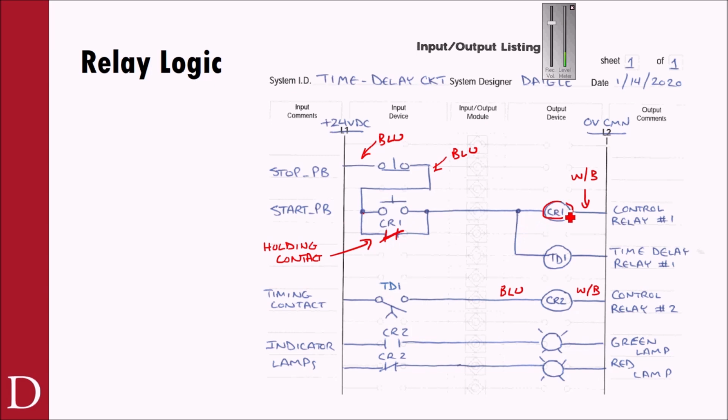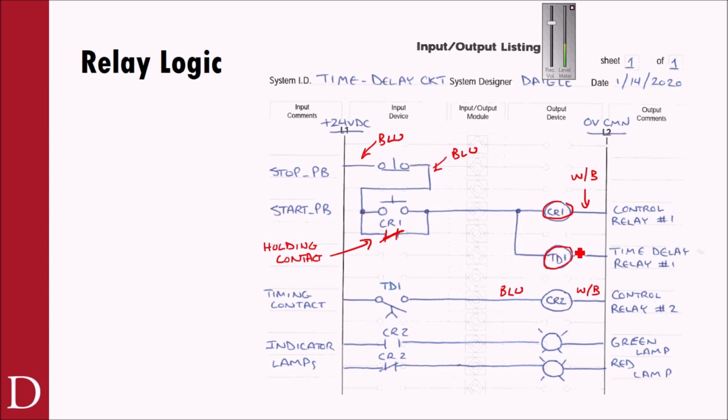And if I look at this then, so I press start, I'm going to go through CR1 because CR1 energized, and the time delay contact energized too. The only thing CR1 did for me is it gave me the holding contact. It's not used anywhere else. But in parallel with that, I energized the time delay coil, which is a normally open time to close.